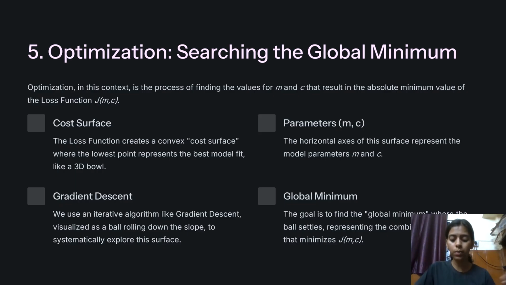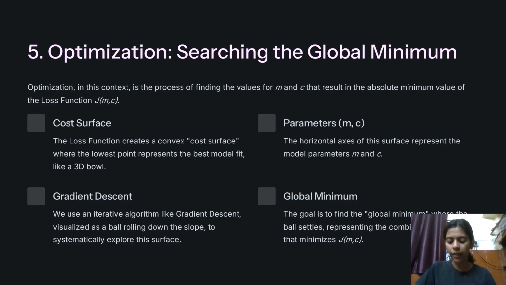The bottom of this bowl represents a global minimum, or the lowest possible loss. The axes of the surface represent our parameters m and c, and the height represents the loss J(m, c). Our goal is to reach the lowest point, the sweet spot where the loss is minimal.